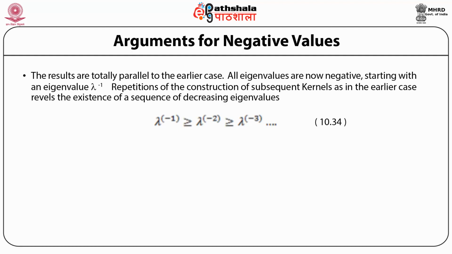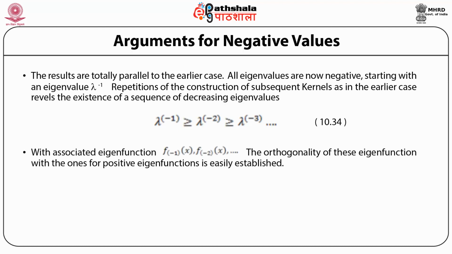Repetitions of the construction of subsequent kernels, as in the earlier case, reveal the existence of a sequence of decreasing eigenvalues, that is, lambda_{-1} is greater than or equal to lambda_{-2}, which is greater than or equal to lambda_{-3}, with associated eigenfunctions f_{-1}(x), f_{-2}(x), f_{-3}(x), and so on and so forth.